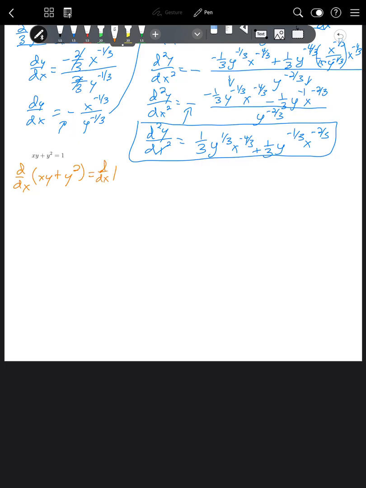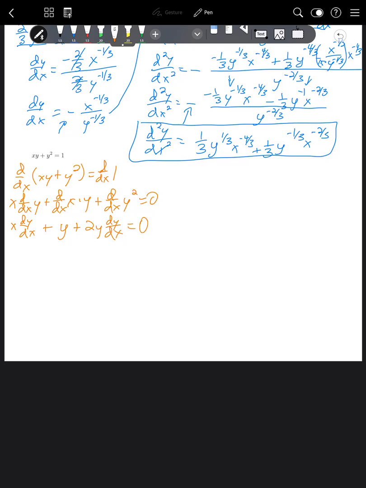Okay, so we have to do the product rule, right? So x times the derivative of y plus the derivative of x times y plus the derivative of y squared equals 0. So the derivative of y with respect to x is just dy dx, plus the derivative of x with respect to x is 1, so plus y, plus the derivative of y squared with respect to x is 2y dy dx equals 0.